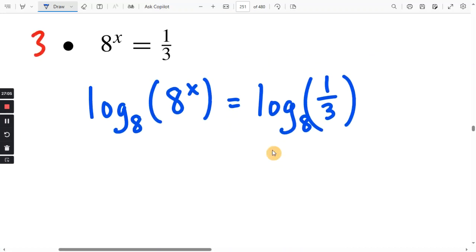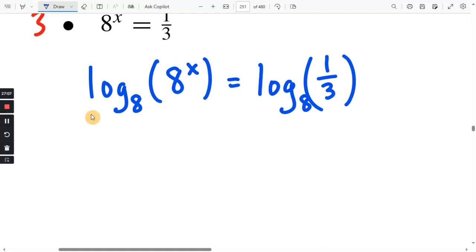On the left-hand side, the bases match, so log base 8 and 8 cancel, and we're just left with the exponent x.